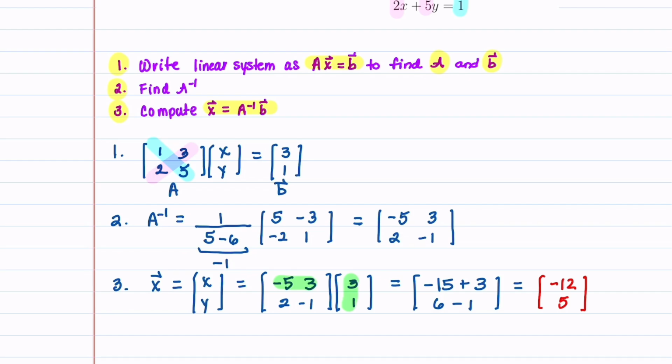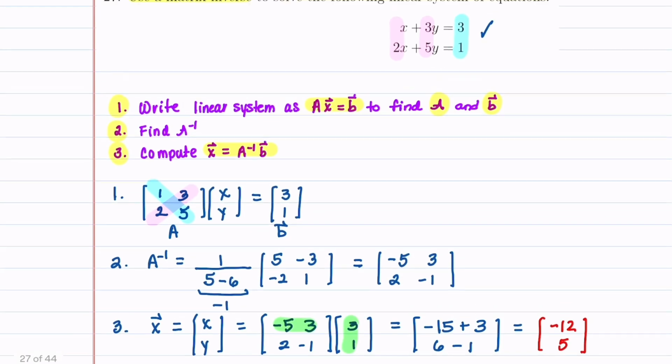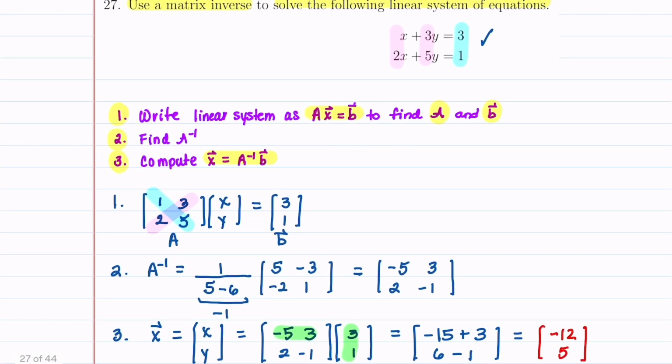I always tell my students linear algebra has a lot of great built-in checks in it. So one built-in check that you can do for this problem is you can take your answer and plug it back up into your linear system and see if you've done the problem right. So we have X is minus 12 plus 3 times Y, which is 5, gives us a 3.